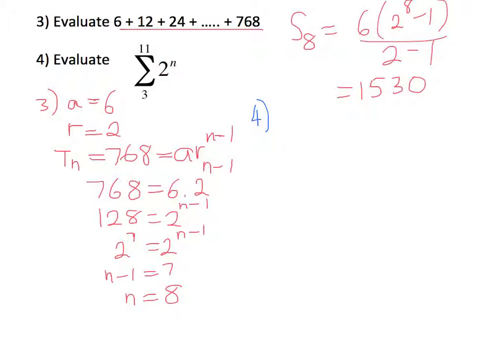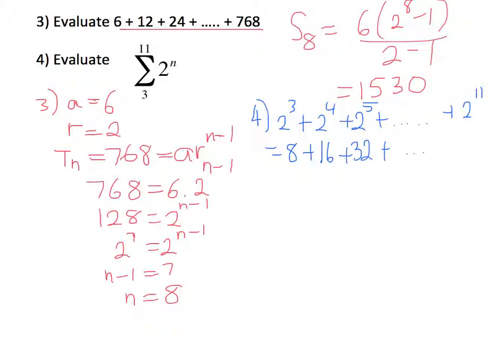So this sigma notation there is the sum of the terms from 3 to 11 of 2^n, which is really 2 cubed plus 2 to the power of 4, plus 2 to the power of 5, plus all the way up to 2 to the power of 11. So that is equal to 8 plus 16 plus 32 plus all the way up to 2048.